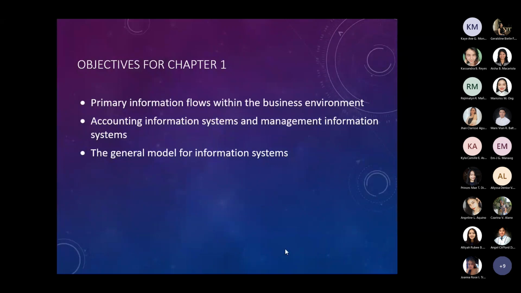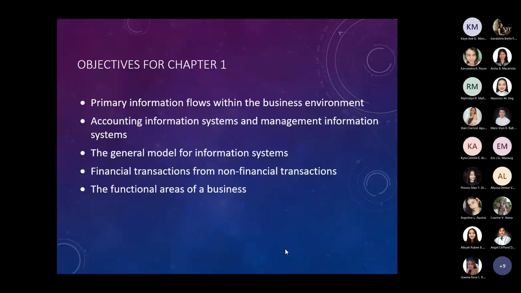So dito natin yun makikita. And the comparison of financial transactions from non-financial transactions. What are being analyzed or processed in the accounting information system? The functional areas of the business, which will also be covered in your respective reports.